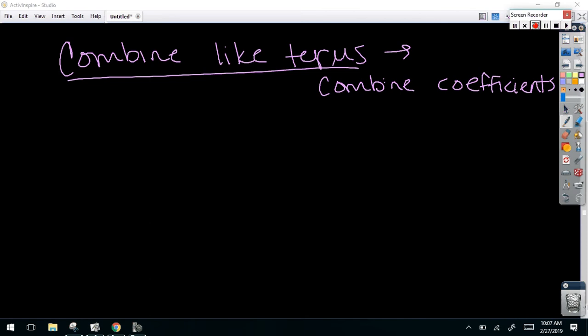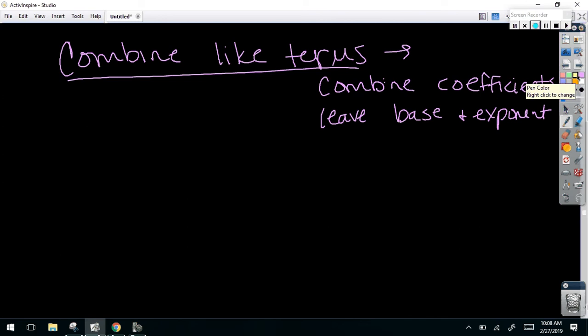All right, we combine the coefficients only. We leave the base and the exponent. Okay? This will make more sense, I think, when we do it. We've done this a little bit before. We just haven't quite defined it before.